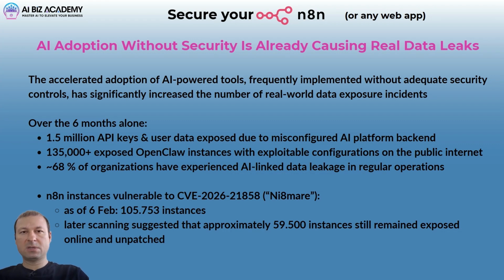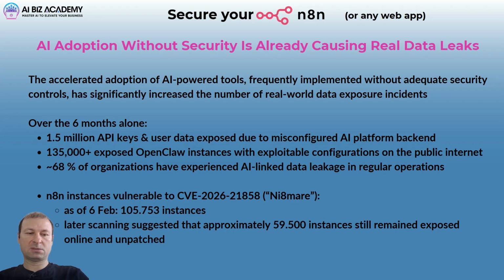And even the darling N8N automation server was not spared from vulnerabilities. Just alone, the latest critical vulnerability, which had its very proper codename, Nightmare, had more than 100,000 instances exposed.